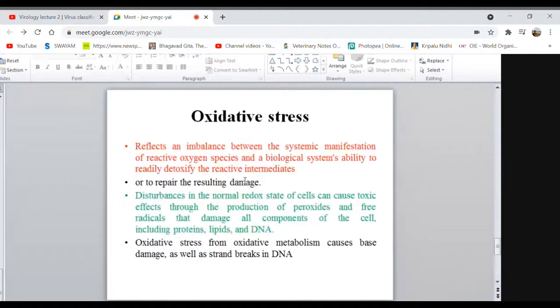They damage the DNA, the proteins, the lipids. What do you understand of free radicals? Free radicals have unpaired electrons, so they are highly reactive species. Because of the unpaired electrons, they can combine with any of the biomolecules, proteins, lipids, DNA, and damage them.